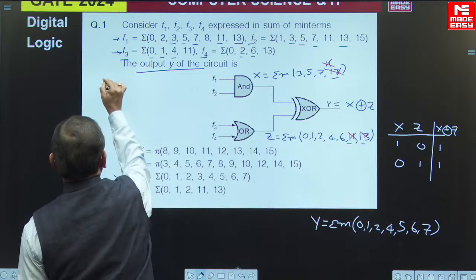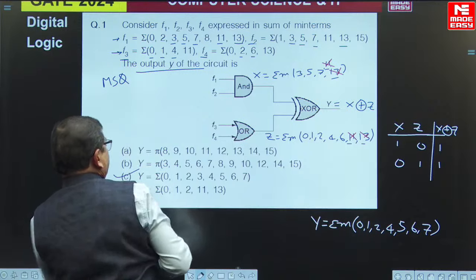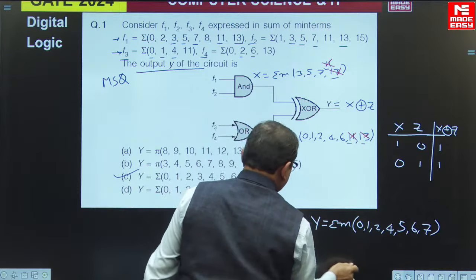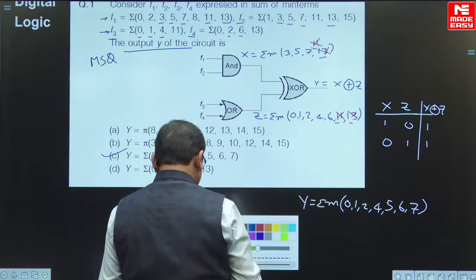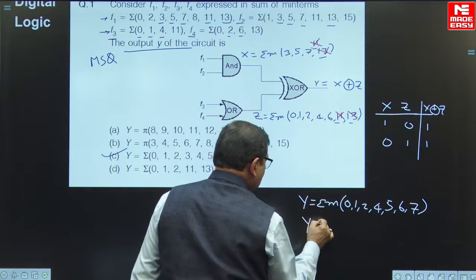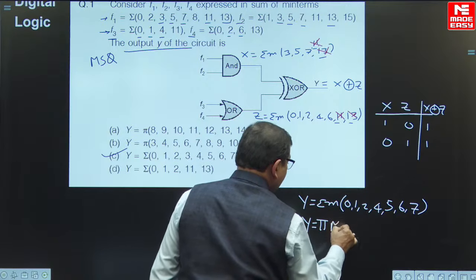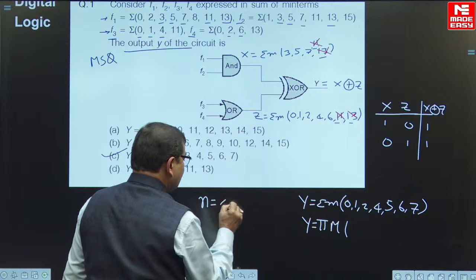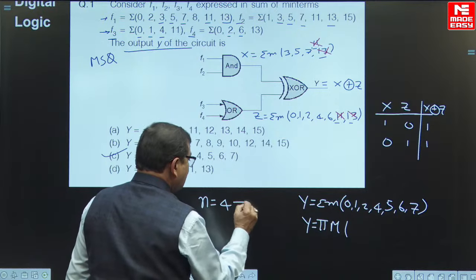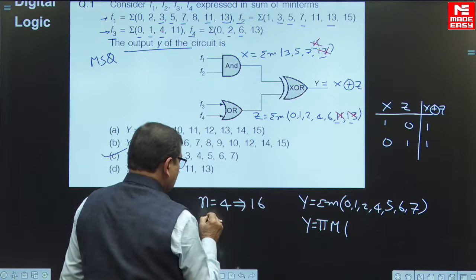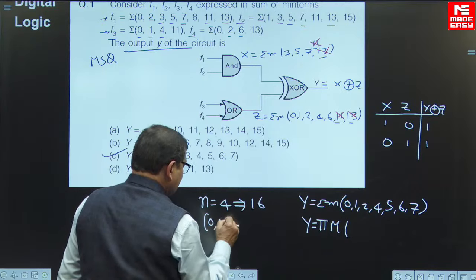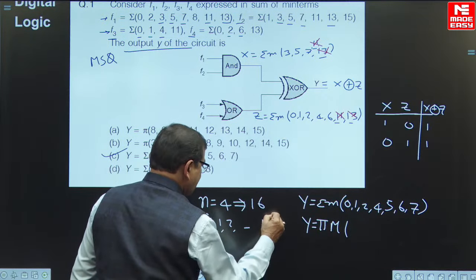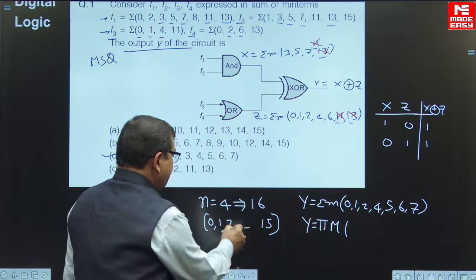It is an MSQ question, and we are looking at other options with the maxterms. If you read the function in terms of maxterms, all the missing combinations are the maxterms. The function is on 4 variables, so total combinations are 16, with decimal numbers from 0 to 15.